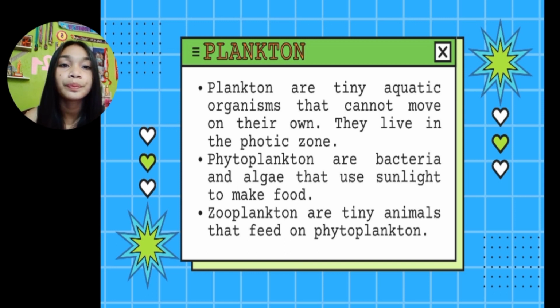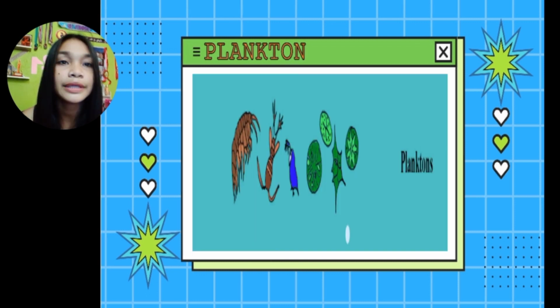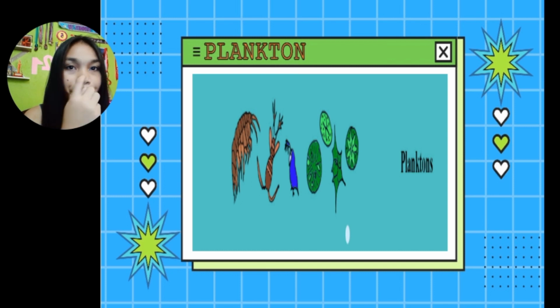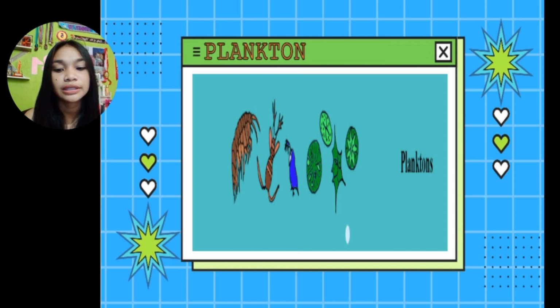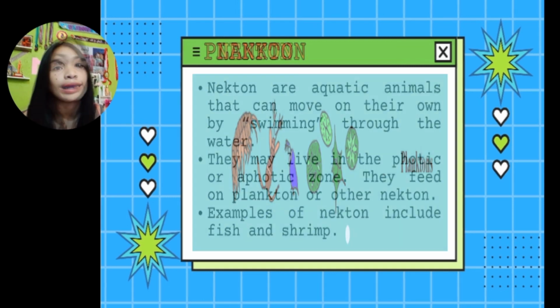And the zooplankton are tiny animals that feed on phytoplankton. So these are examples of plankton. Sila yung tinatawag natin na mga bacteria or algae na makikita natin sa dagat.